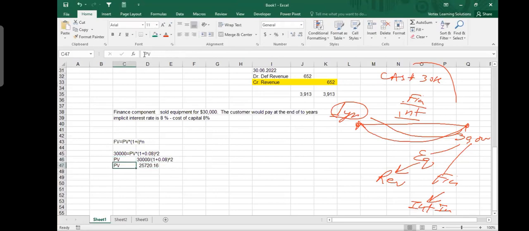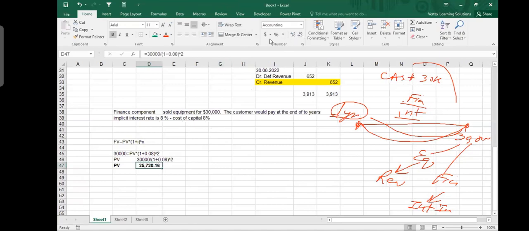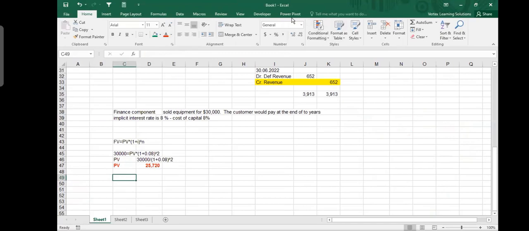So it means that the value of the equipment, if you have 8% cost of capital or 8% as your implicit interest rate, was just 25,720. If you sell it on cash, the cash price of the equipment is 25,720. The remaining difference between 30,000 and that is your interest income.